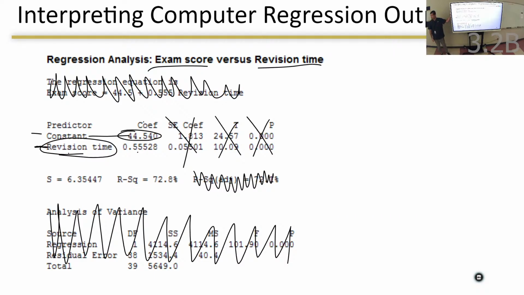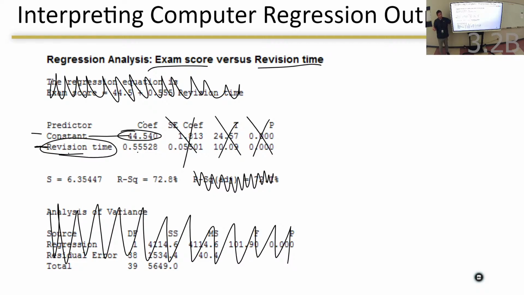One of your questions on your test, I'm going to give you a computerized printout, and I'm going to say, what is the equation of the line? Or what is the equation of the LSRL? And I'm going to get some knucklehead who puts y equals 44.45 whatever plus 0.555x. You're probably not going to get any points.